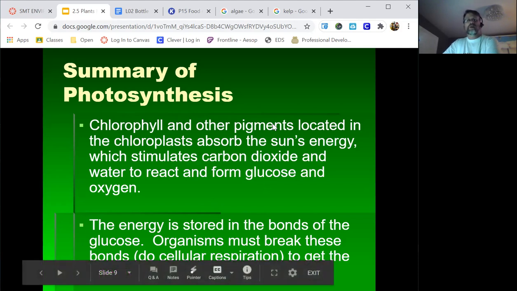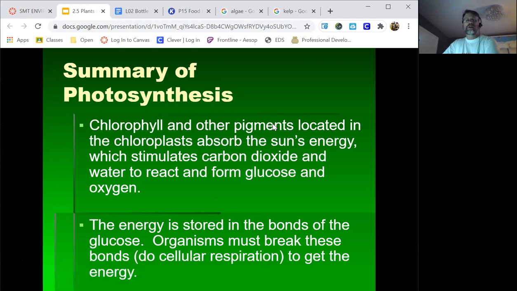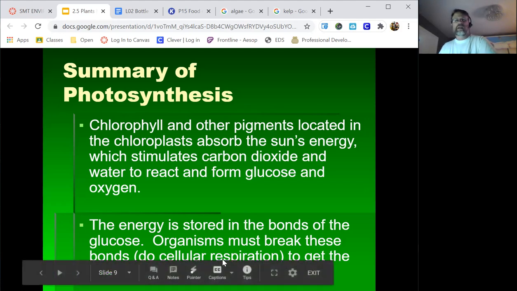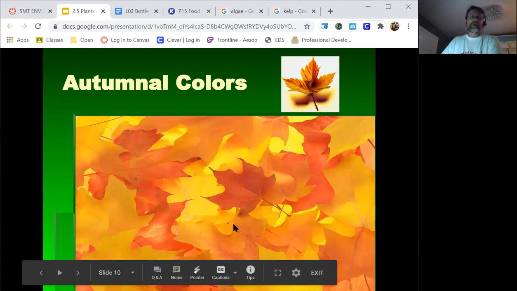If we find the fruit and we eat the fruit, which has the glucose or the different sugars in it, then our body is going to harvest that energy from those chemical bonds as well. And all we humans do is cellular respiration. We don't have any photosynthesis. Plants do both photosynthesis and respiration.